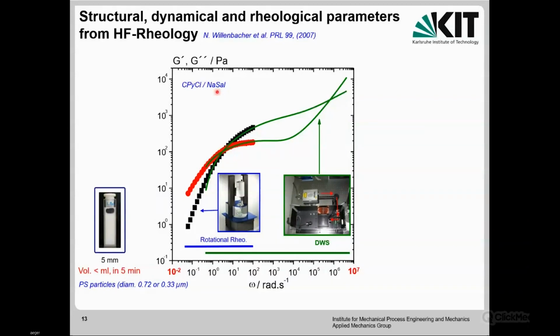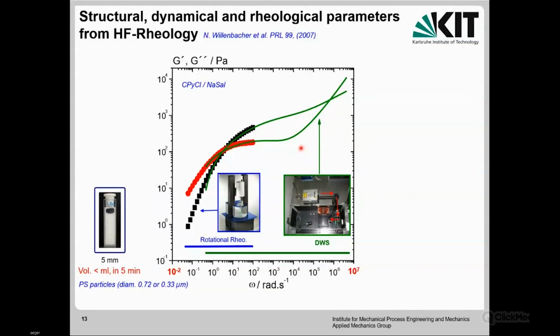The full points in black and red are what is obtained measuring this system with rotational rheology. The green lines are what is obtained within 5 minutes with our DWS instrument, this was a picture of our old setup.